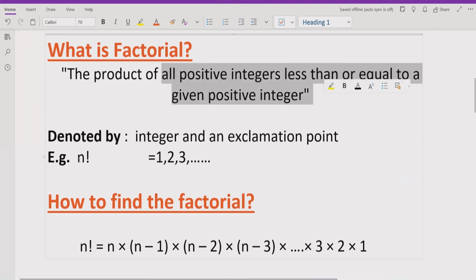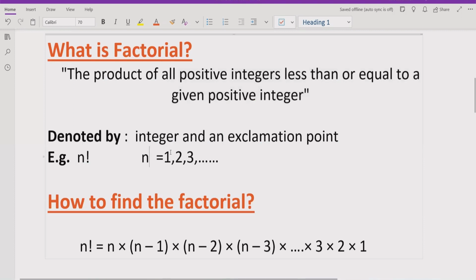Just like you have an integer n, which may be 1, 2, 3, and so on. These are the positive integers, so it can be any number. And if you show the exclamation sign, it means that you have to find the factorial of that number.